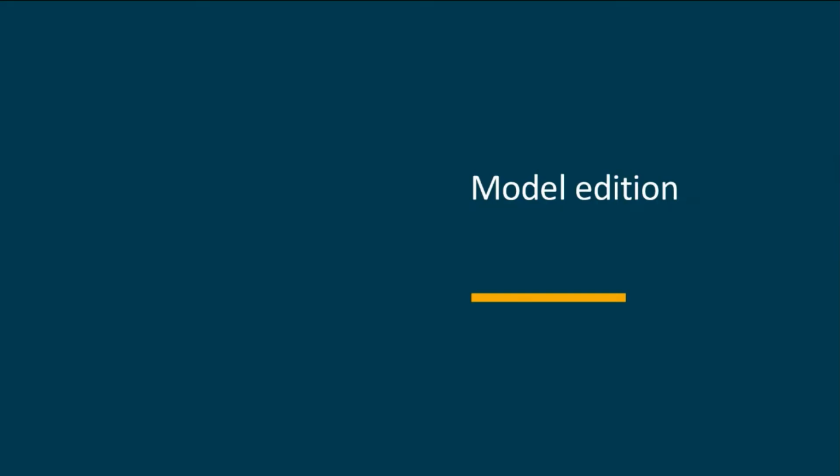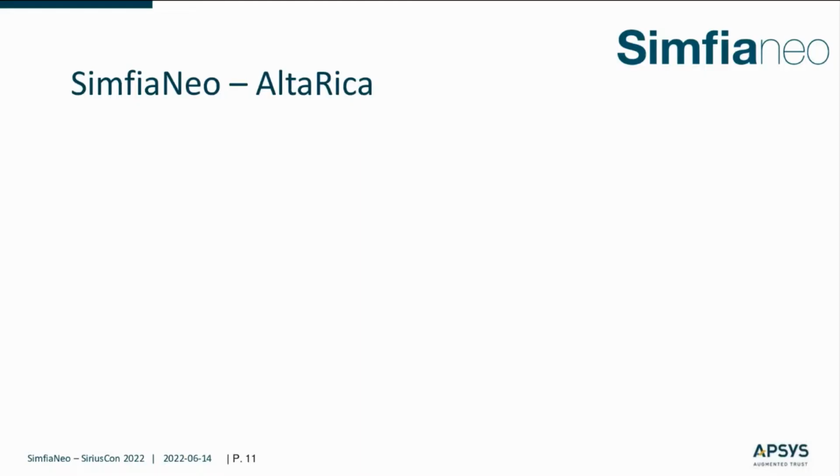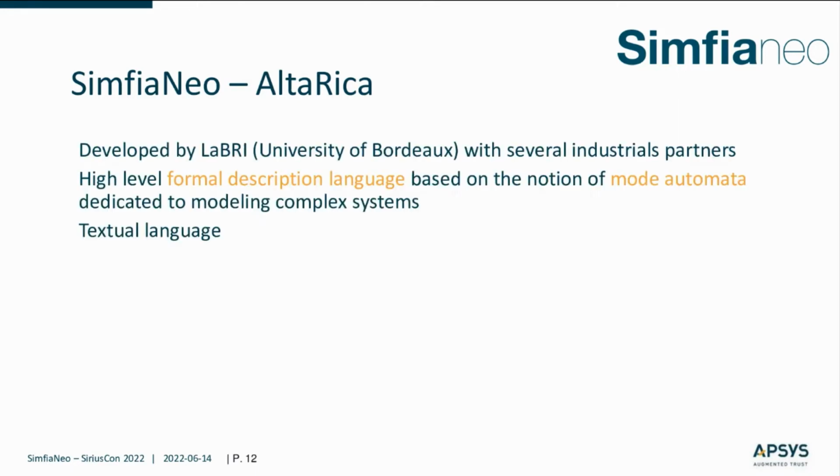For the functionalities of SimfiaNeo, we have them organized in three main pillars. The first pillar is helping to build the model of the system. When we talk about the model-based safety analysis approach, we use formal languages. Here we are using a language called AltaRica.